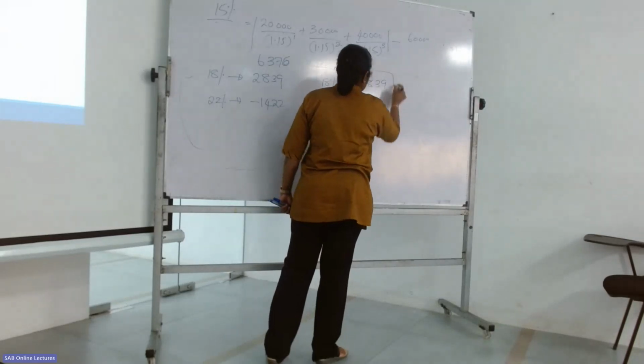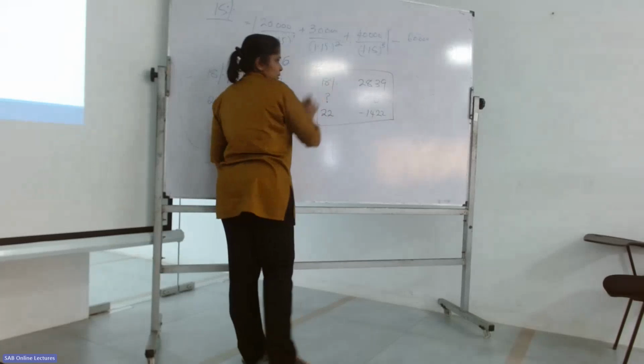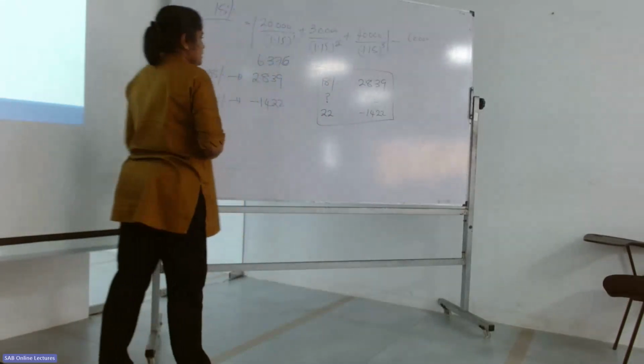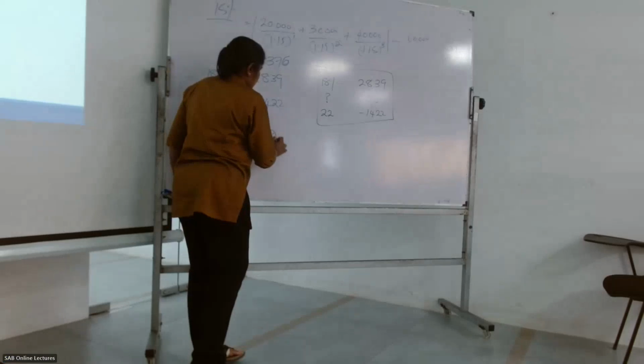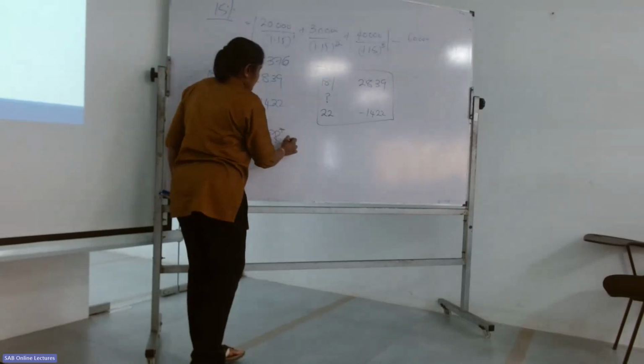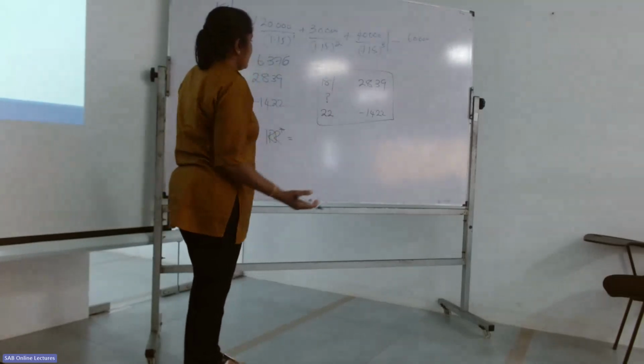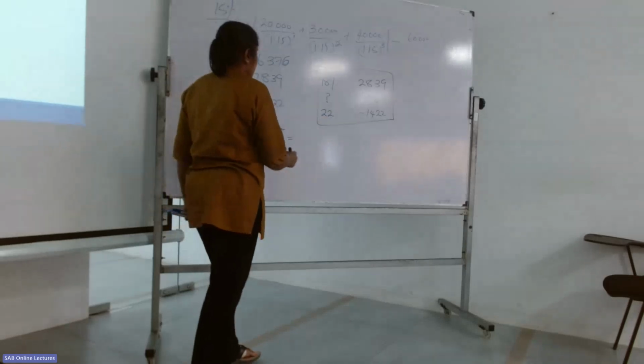Based on these two numbers, we can approximately identify the IRR, like the YTM. It is greater than 18% and less than 22%.